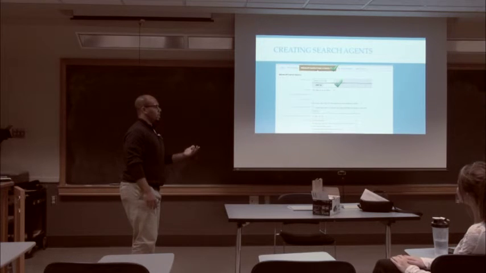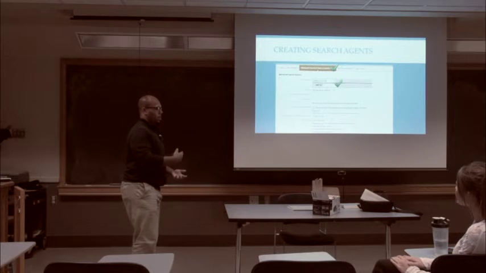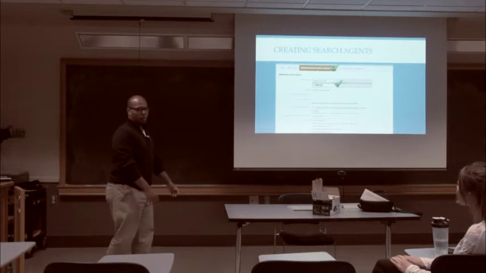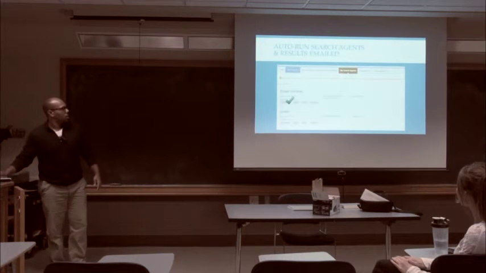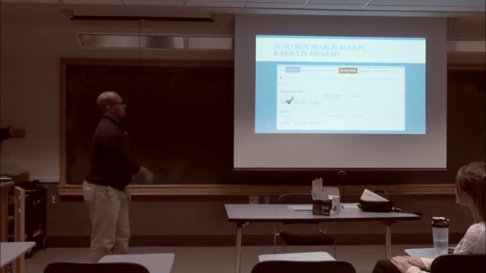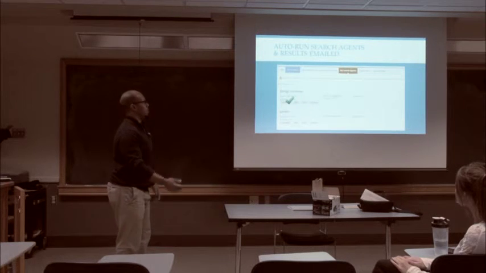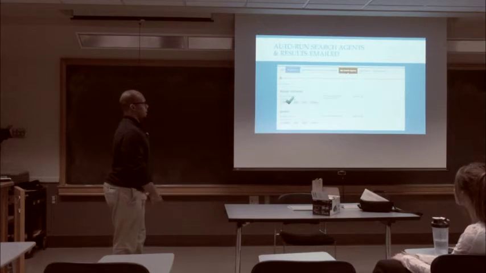And one thing that's helpful with the job search agent is they would give you email alerts about different job positions based on those requirements. Okay, that's a nice feature. So yeah, auto-run job search agents. I mentioned that before, and so it keeps giving you information about it.